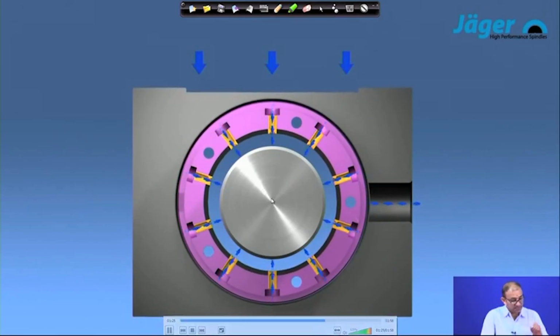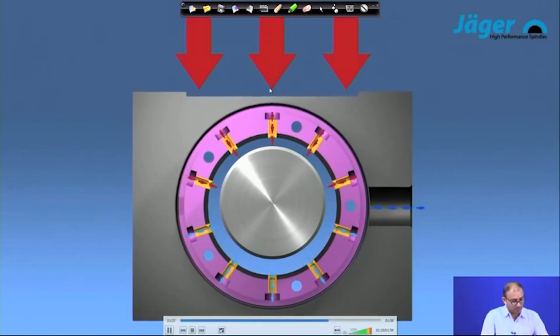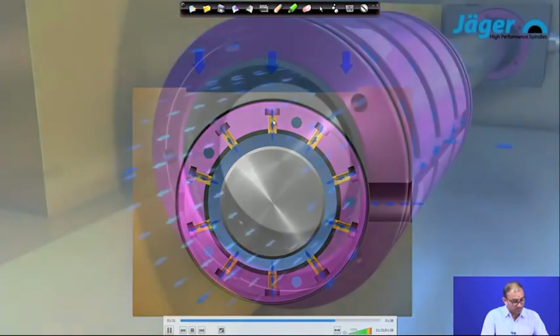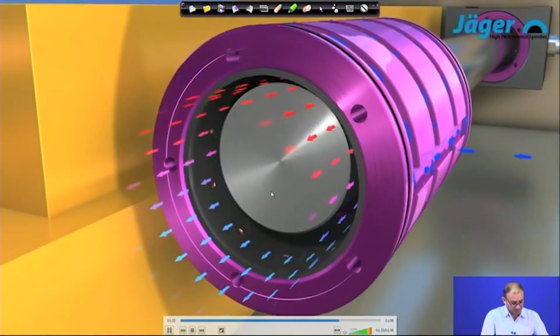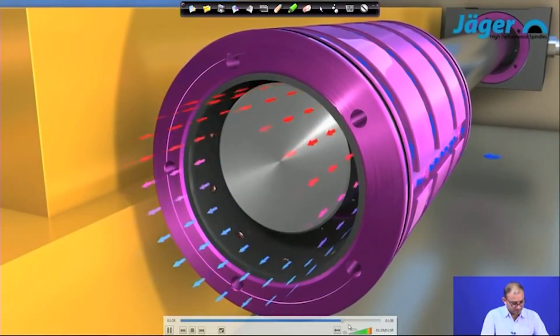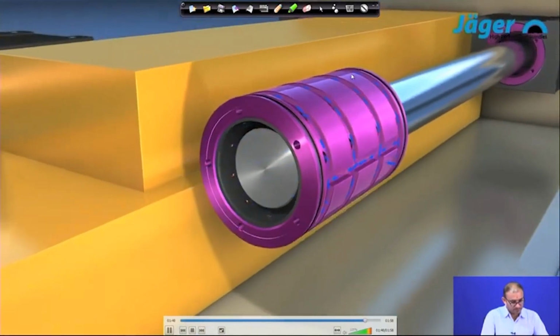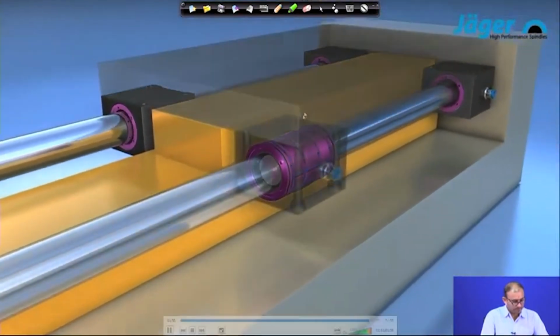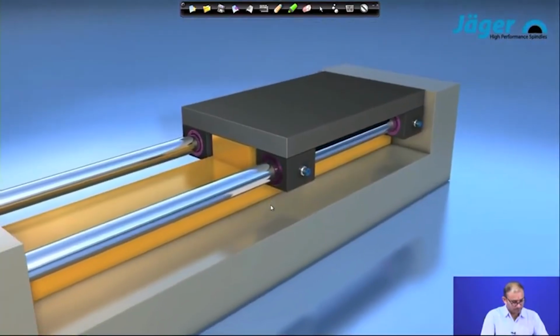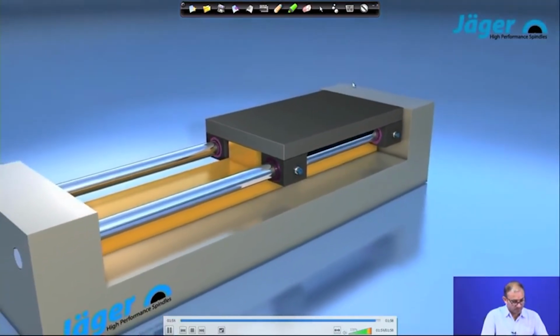So, your shaft is always at the center irrespective of the loading. So, the only thing you have to make sure is the loading is within the permissible limit of the pressure of this particular aerostatic bearing. Correct.